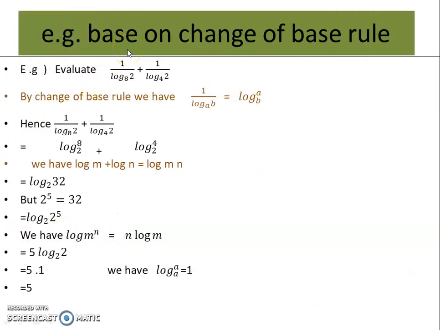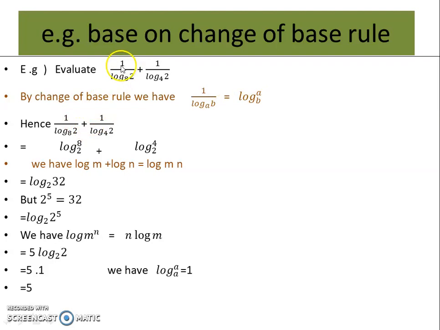We take a simple example by the change of base rule: evaluate 1 upon log 2 to the base 8 plus 1 upon log 2 to the base 4. We have by the change of base rule, 1 upon log b to the base a is equal to log a to the base b.